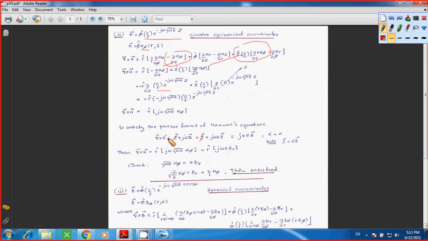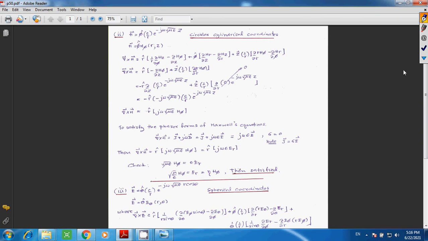You have only curl H equal to j omega epsilon E. From your curl H, you can compare to this term and check back again if it's true or not. And finally, when you work it out, you have the relation E equal to eta H. Then the field satisfies the Maxwell equation.